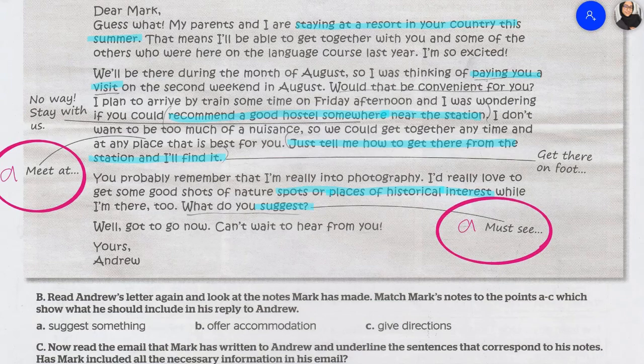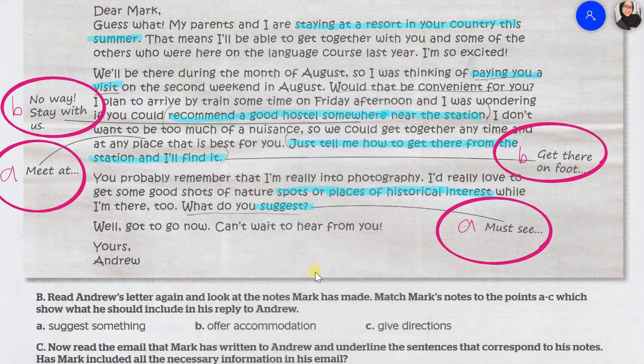So Mark needs to give some suggestion in this part. What about B? Offering accommodation. So obviously this, right? B. No way, stay with us is basically Mark offering Andrew an accommodation at his house. And then C, give directions, get there on foot. So this is him giving direction to Andrew.